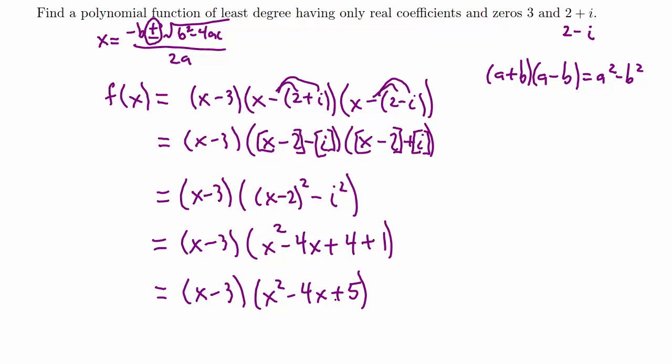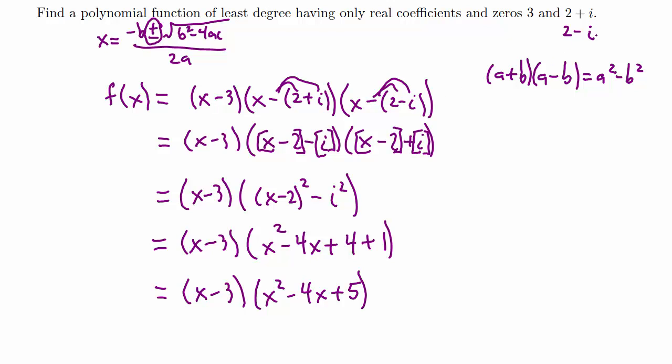Now, some of you may be wondering if you can factor x squared minus 4x plus 5. You cannot. And you can see that if you just try and factor it out. But also, the reason that I know that, even without doing anything else, is because I figured out this quadratic from the 2 plus i and the 2 minus i.